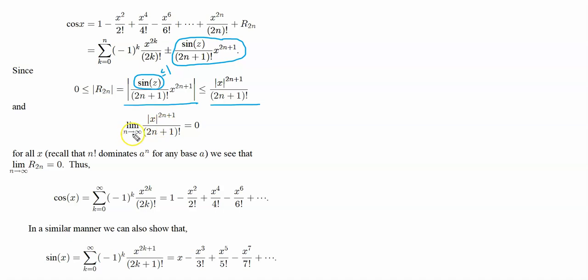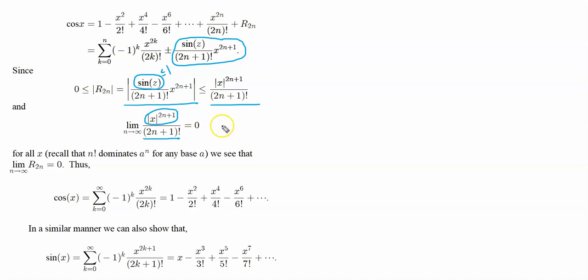Now, the limit as n goes to infinity of x to the 2n plus 1 over (2n plus 1) factorial, that's going to be 0 by the same reasoning that we talked about previously. This is a factorial function. It goes to infinity much, much faster than the numerator, which is an exponential function.